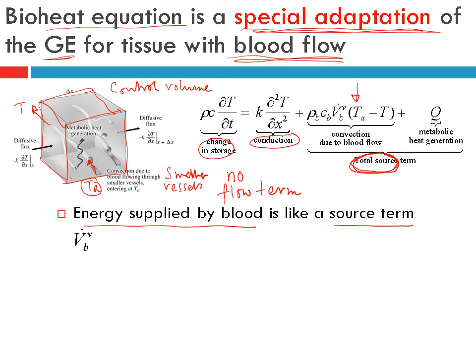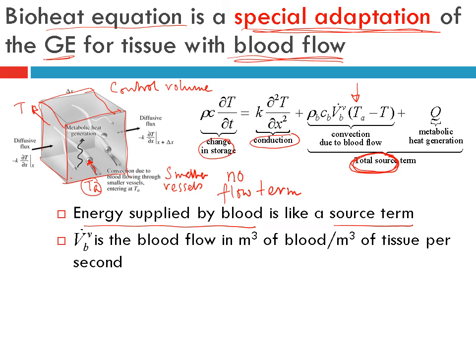And so how much is that? If the volumetric blood flow rate is V dot B, the dot refers to volumetric flow rate, meter cube per second, but it's for blood.